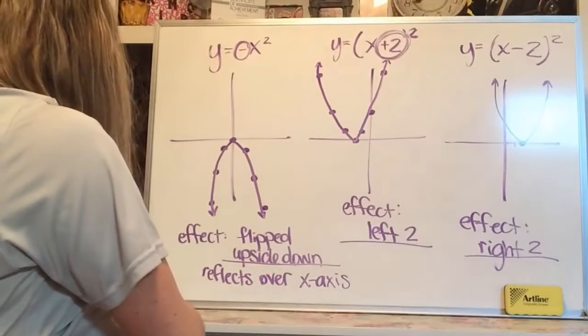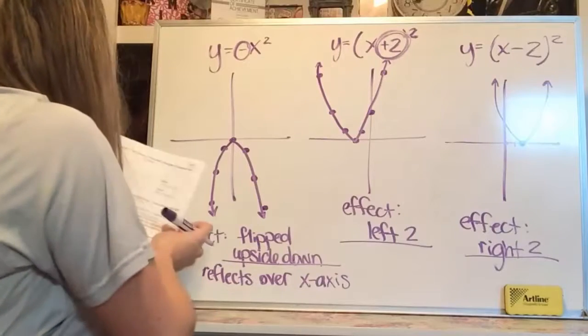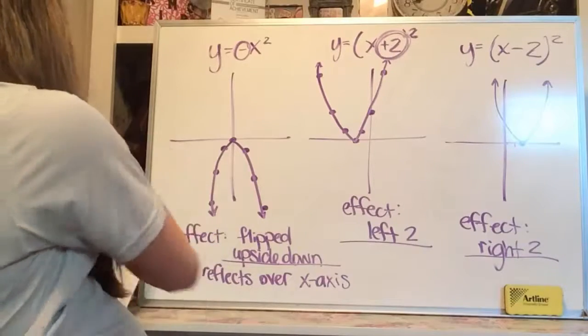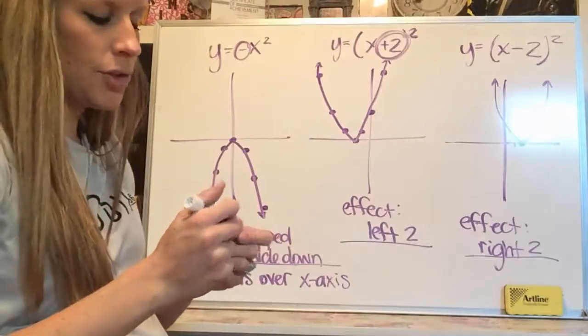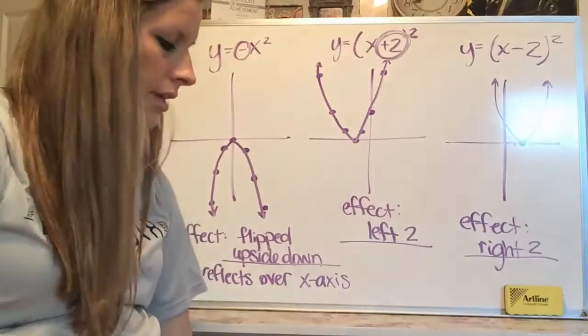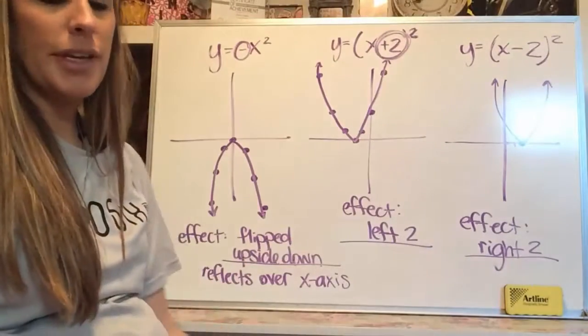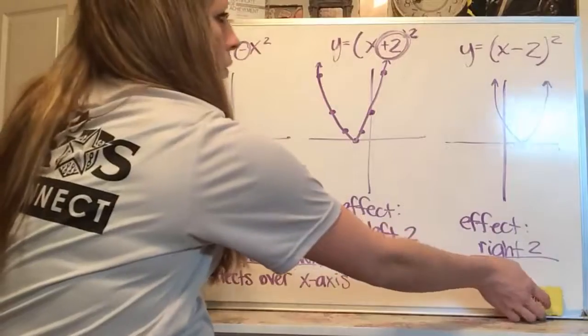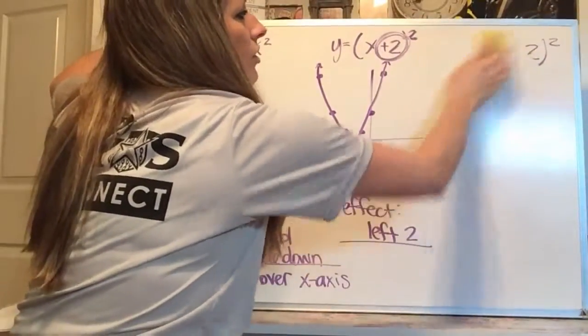Alright, turn to the back. Our next graph, we have plus 2 outside the parentheses. So, if you remember from the beginning of the year, what is the plus 2 outside the parentheses going to make it do?